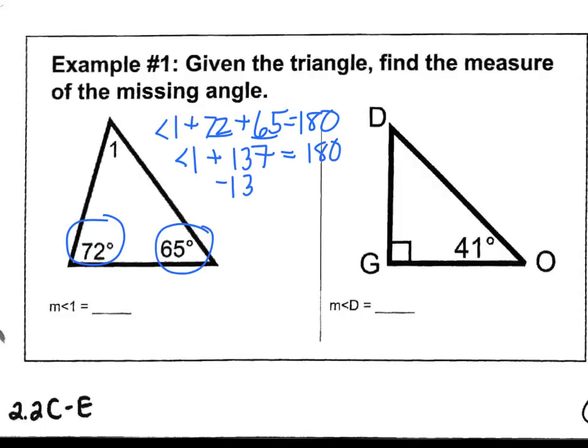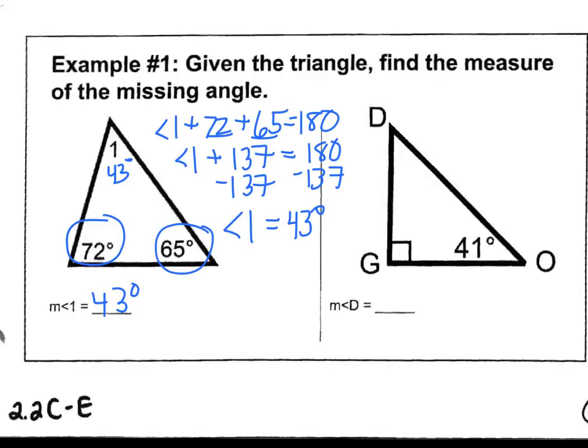So I subtract 137 from 180 to get that angle 1 is 43 degrees, which I could check by taking my calculator and adding up 43, 72, and 65 and seeing if I do in fact get 180 degrees.